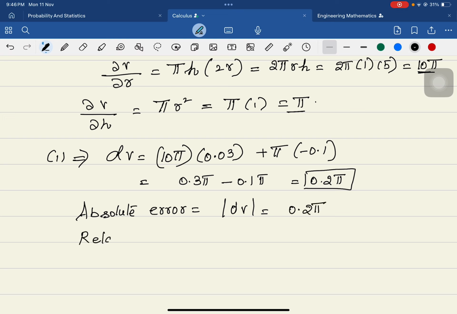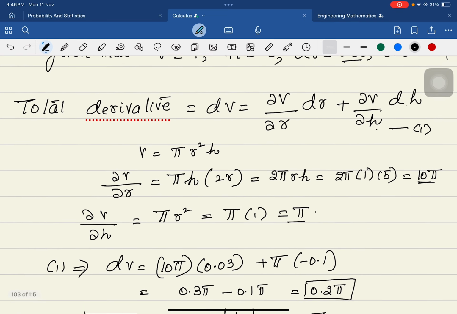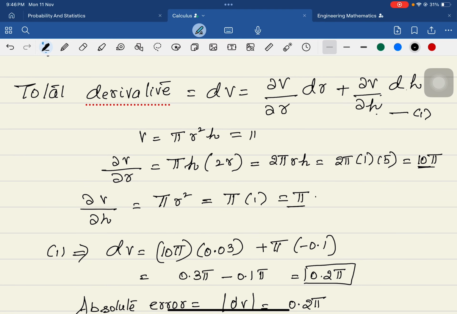Now let us see what is the relative error. The relative error is given by the modulus of dV by V. What is dV? 0.2 pi. And what is V? V is given by pi r square h, and we got the value of V as pi times 1 square into 5, so it is 5 pi cubic units.